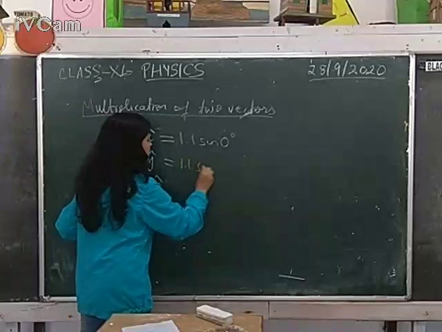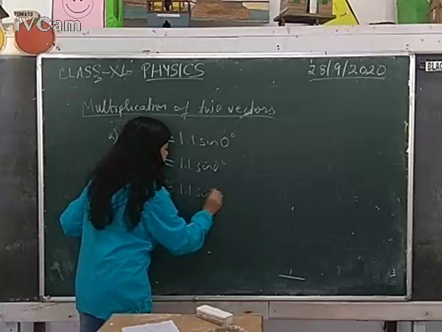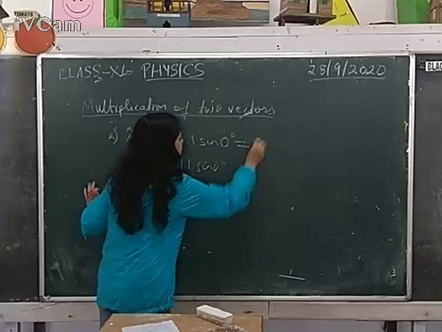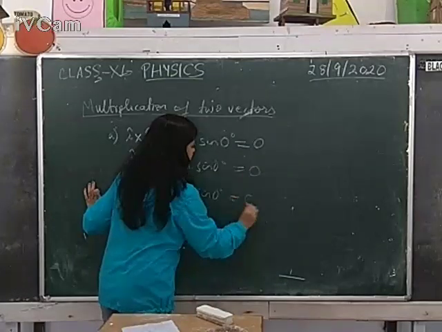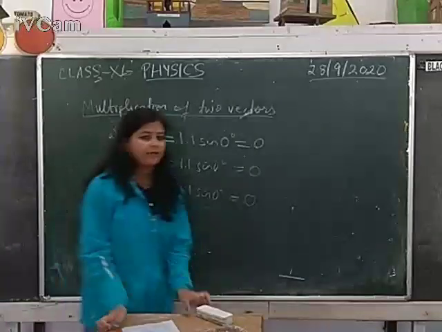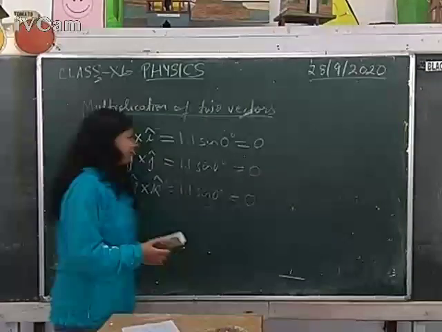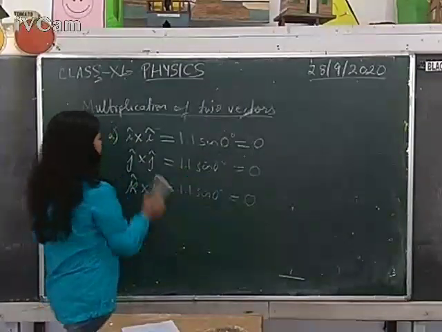So 1 into 1 into sine 0, again 1 into 1 into sine 0. Since sine 0 is equal to 0, they all will be equal to 0. So vector multiplication of two parallel vectors will always be equal to 0 because the angle between them is 0 and sine 0 is equal to 0.